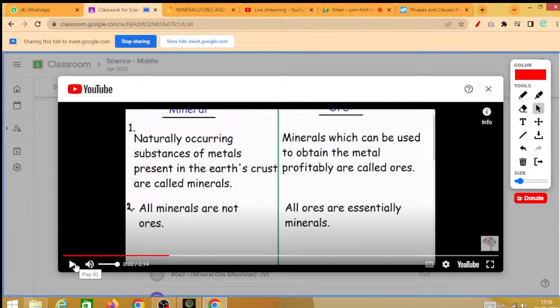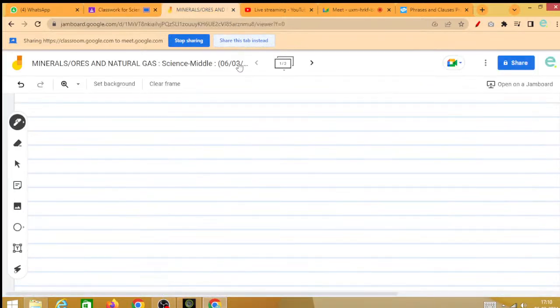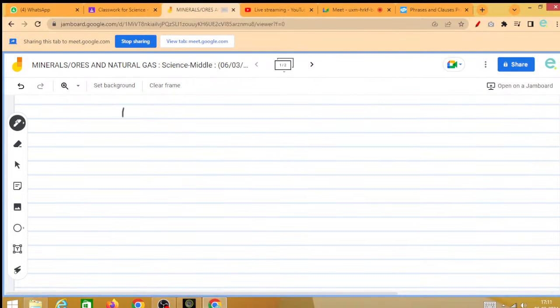Okay. Do you understand this statement, Yukti? No, ma'am. All minerals are not ores. What does it mean? Okay, so let me explain. Let me also make this table. Minerals and ores.